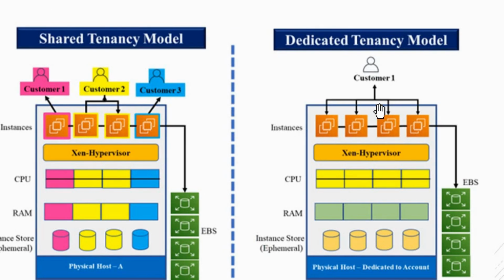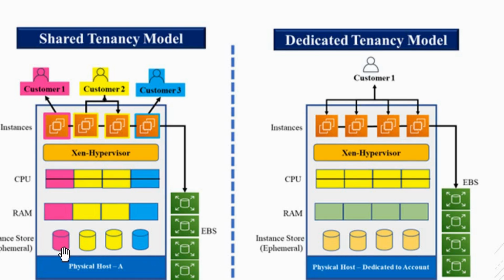But in the dedicated tenancy model diagram, the same physical host is called a dedicated account. The instances look the same, but the instance storage differs. The storage hardware is split into 4 storage units.